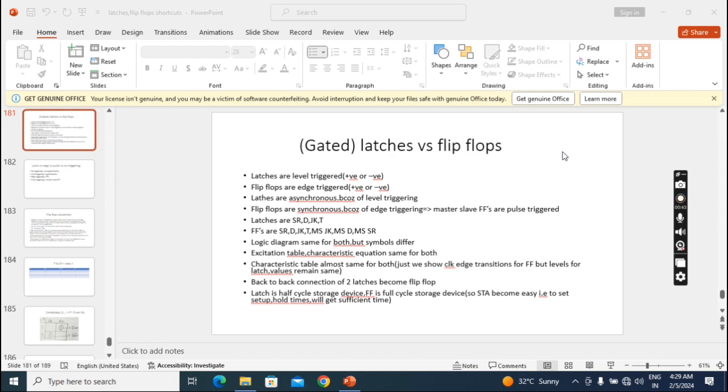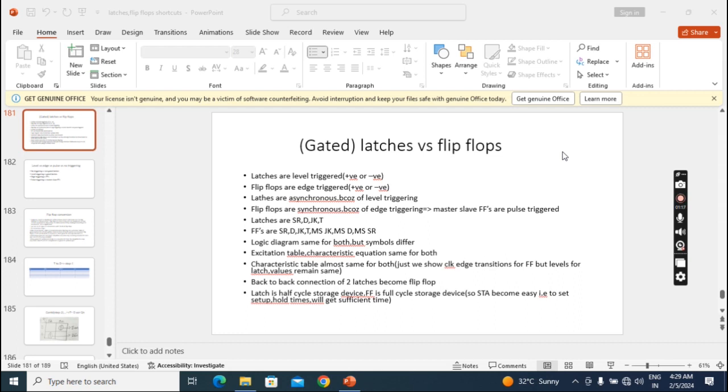If we take latch categories, SR, D, JK, T will come. But if we take flip-flops, there are SR, D, JK, T, master-slave JK, master-slave D, and master-slave SR. If we take logic diagrams, they are the same for both latches and flip-flops. But if we take the symbolic representation, it will differ. In flip-flops, we get a triangle symbol, but there is no triangle symbol for latches.